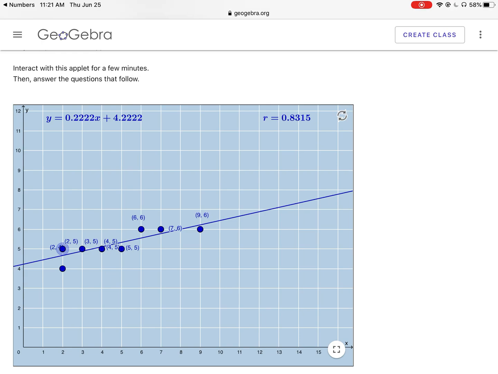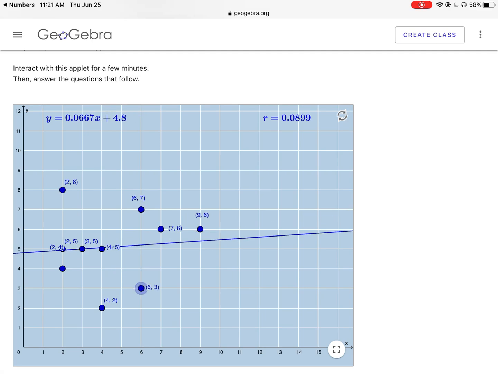The only way I'd get to exactly 1 is if the points lined up all exactly to form a straight line. Now, the further I move these points away from one another, see how my R value is getting really close to 0? That tells me I've got a really weak linear correlation.